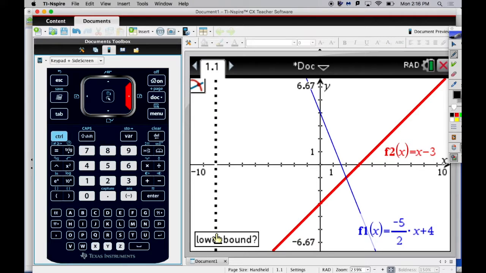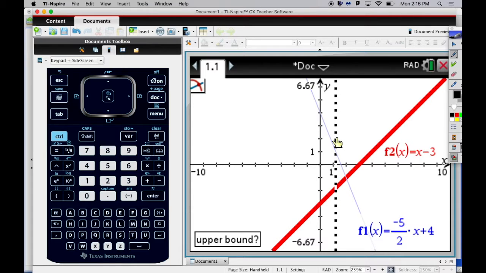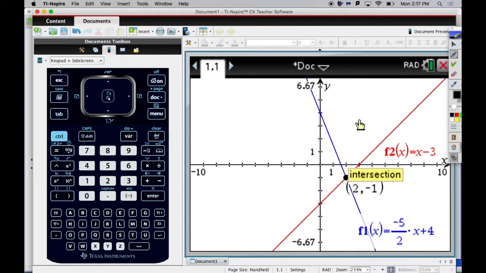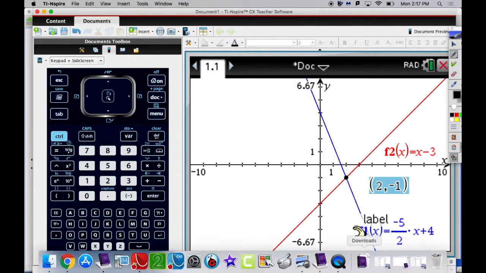You just want to move the cursor till it's a little bit less than where the two intersect, and then click the center thing. And then it'll say right bound, and you use the cursors to go a little bit above where the two cross. And then it'll print off the intersection for you, which is what we calculated by hand, right?